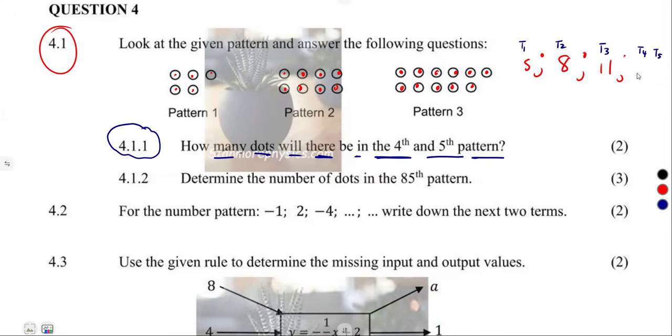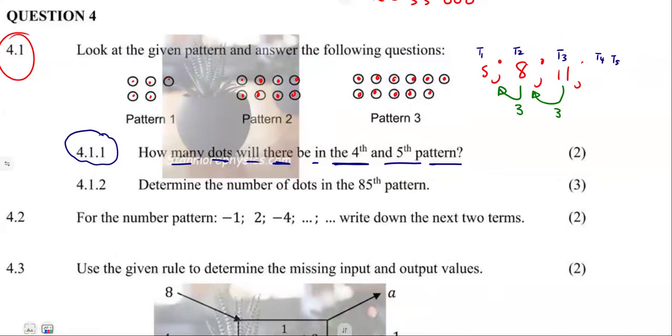Analyzing our pattern, we can see that there is a constant difference between the terms. 8 minus 5, there's a difference of 3. 11 minus 8, there's also a difference of 3, meaning we were simply adding 3 to the previous term to obtain the next one. Add 3 to 5, you get 8. Add 3, you get 11, and so on. So the fourth term, simply add a 3: 11 plus 3, that's a 14. The fifth term, simply add a 3.